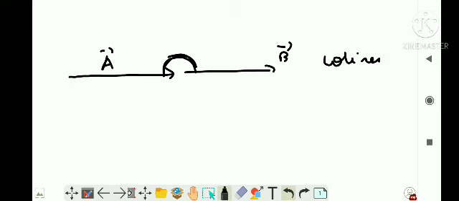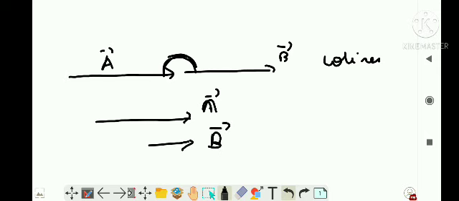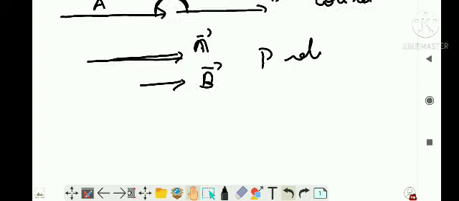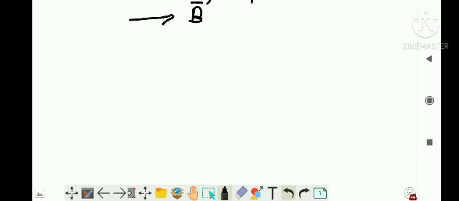If there is another vector b like this, not of the same magnitude but in the same direction, they are known as parallel vectors. They are not collinear, guys, even if the angle is 0 degree. They are parallel vectors.